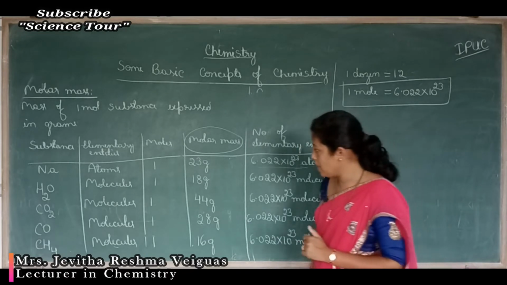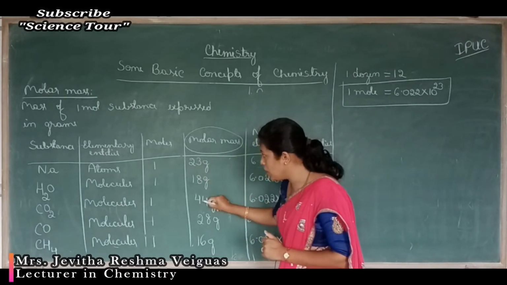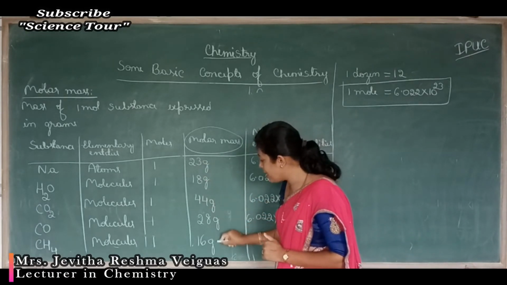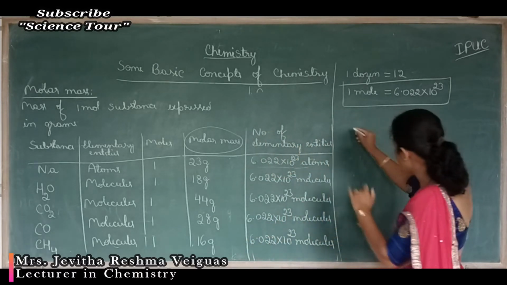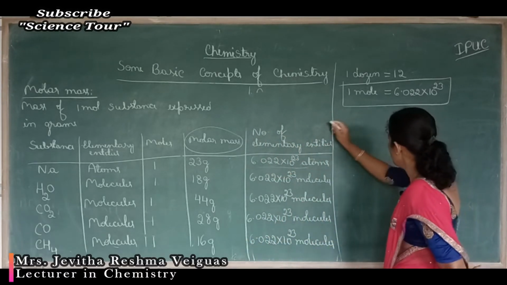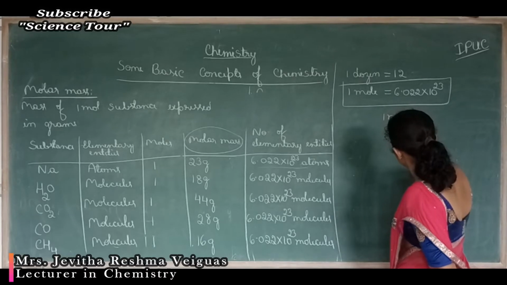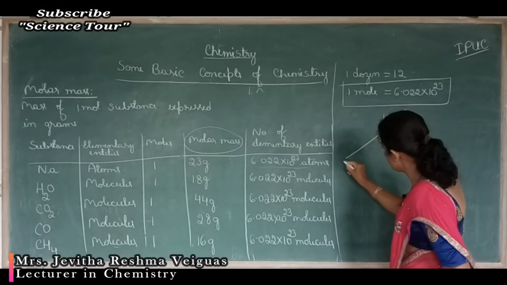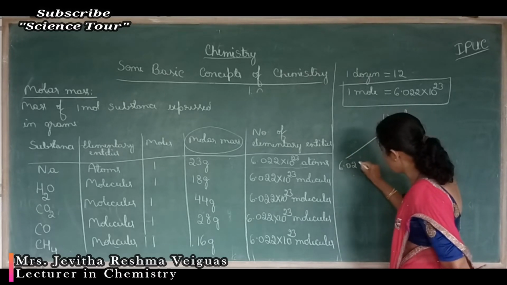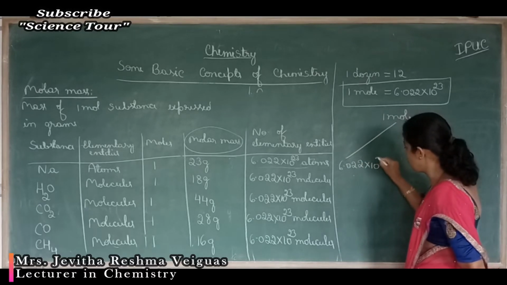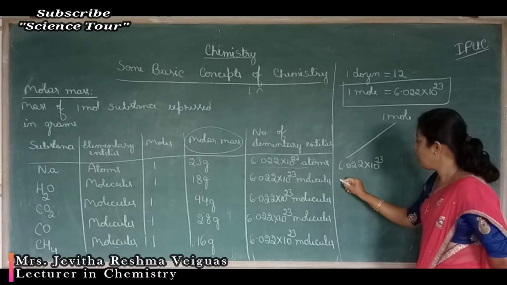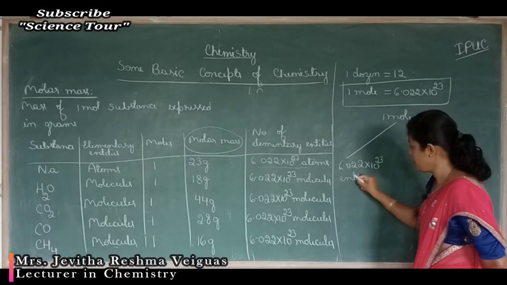What is molar mass? It is atomic mass or molecular mass always expressed in grams. So I can relate it this way. 1 mole means 6.022 into 10 to the power 23 entities.